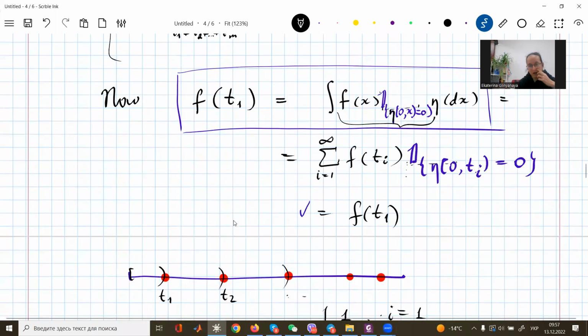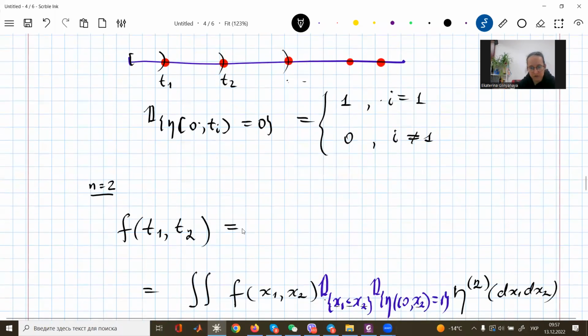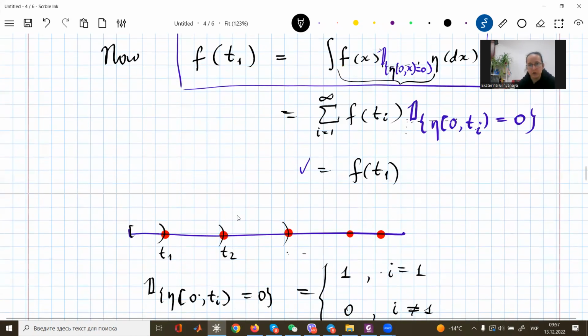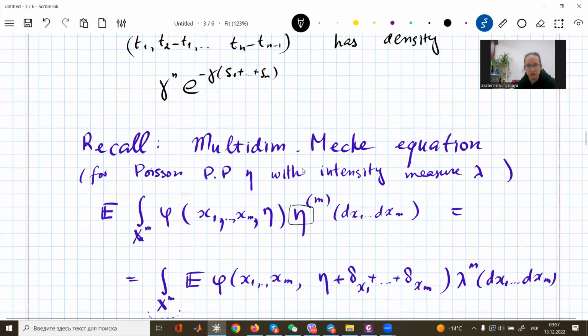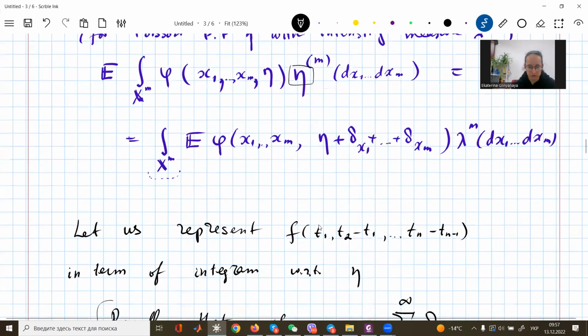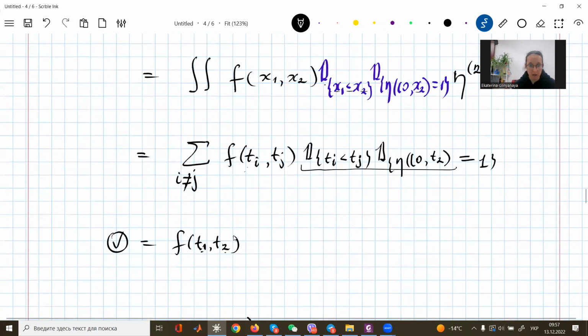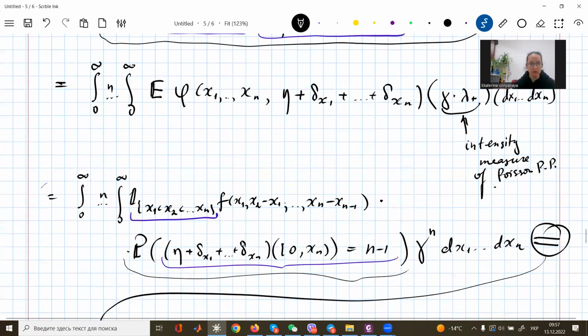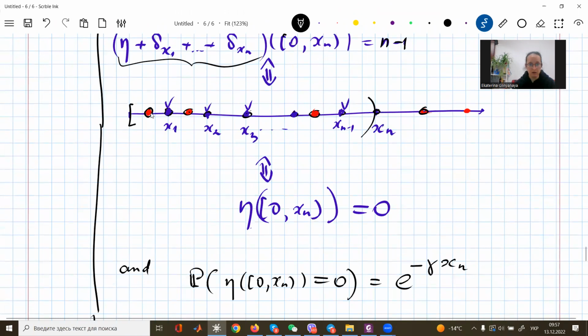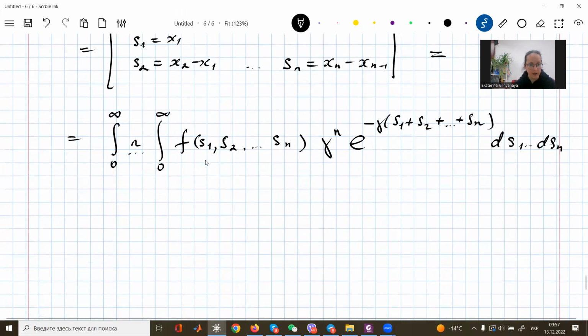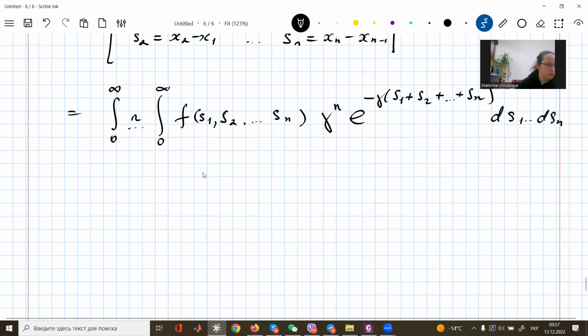So that's all here. I suppose this proof is interesting because here we learned how to use Mecke equation. You saw the application of this equality, and I think that this approach is quite interesting to prove that the distances between points of the Poisson point process on the real line are independent and identically distributed.